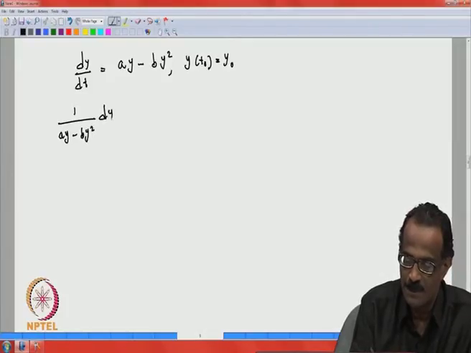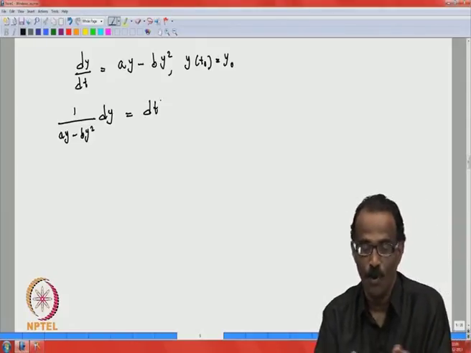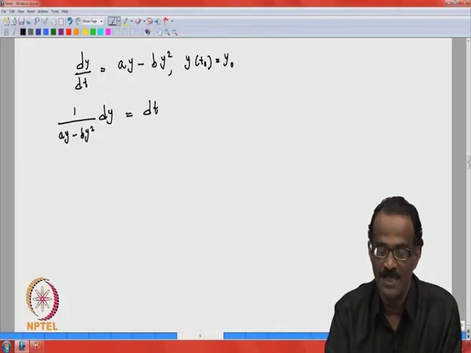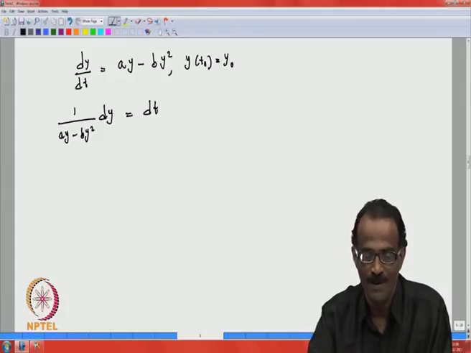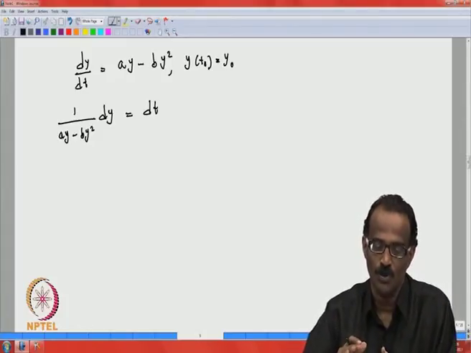This is formal, but I can still write it formally. If you do not like it, you have to see this with a pinch of salt. Whenever I say that, there is an integration formula. You can divide by dy by dt equal to 1 and do the same procedure.